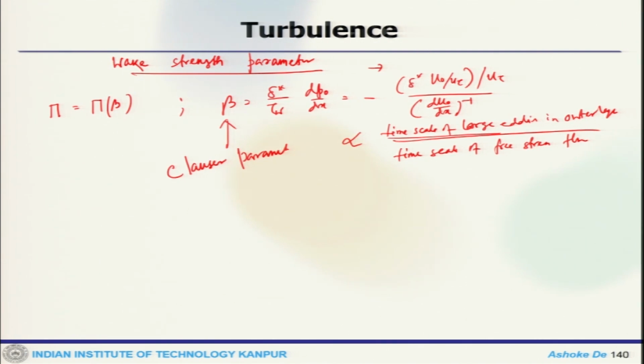Now, one important thing to note here is that turbulent boundary layers are self preserving when this pi is constant in x, since in this case the large eddies in the outer layer can adapt to changes in the free stream flow. Now, if you look at a flat plate, which has zero pressure gradient in the streamwise direction, this would be almost half.